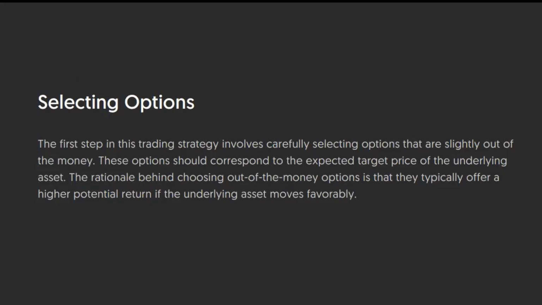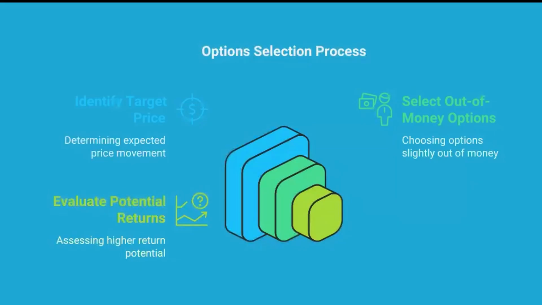The first step involves the selection of the options. Next step involves identifying the target price in the underlying after the selection of the stock, and we will analyze that even in the option you can get the target price.